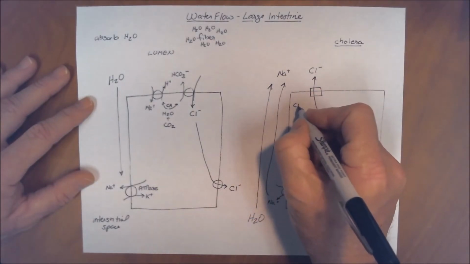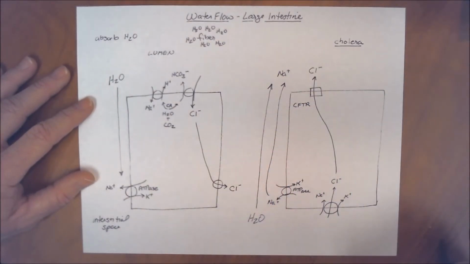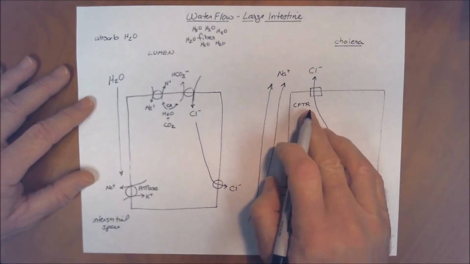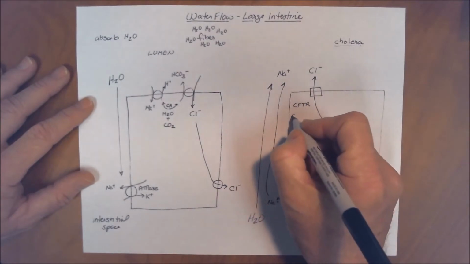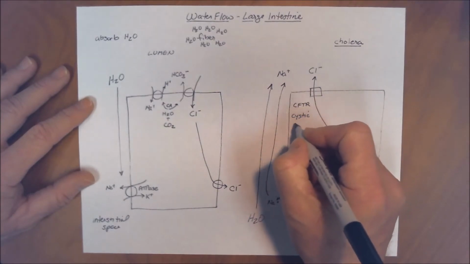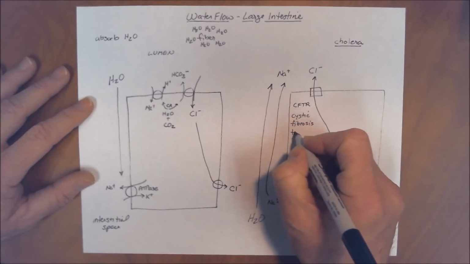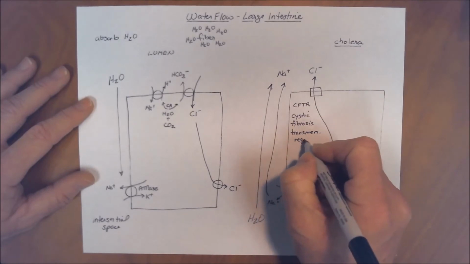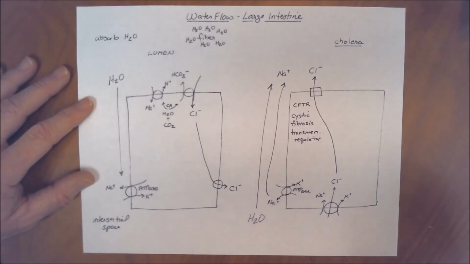This chloride channel is CFTR, the cystic fibrosis transmembrane regulator. This is a regulated chloride channel.